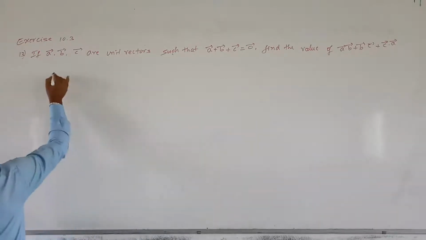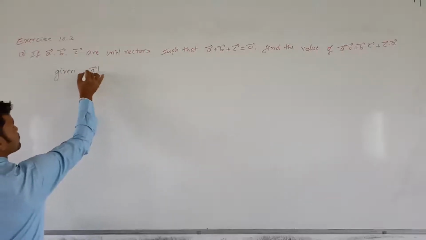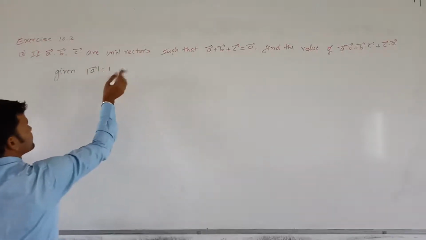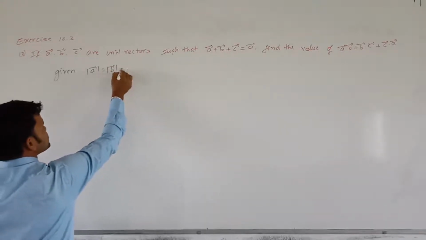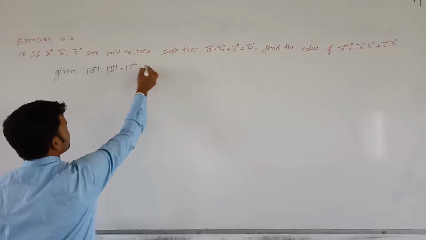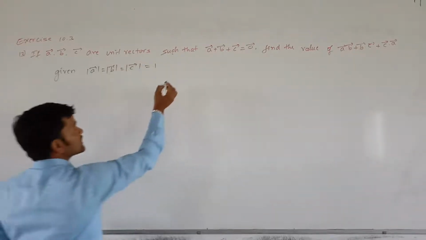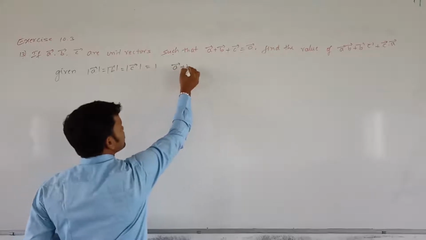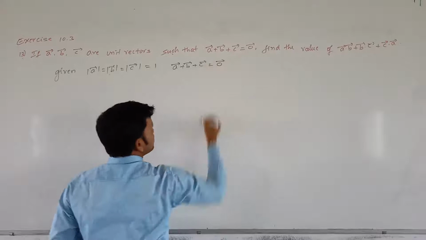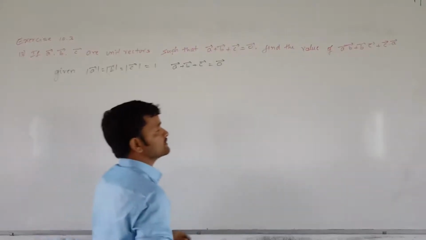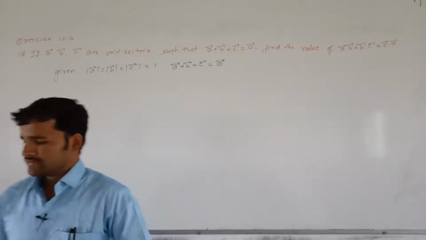So here we write, it is given magnitude of vector A is equal to magnitude of vector B is equal to magnitude of vector C is equal to 1, and also they have given vector A plus vector B plus vector C is equal to null vector. Then they are asking you A dot B plus B dot C plus C dot A.